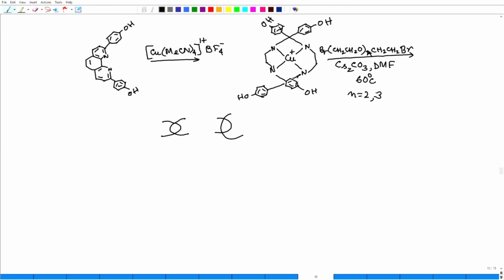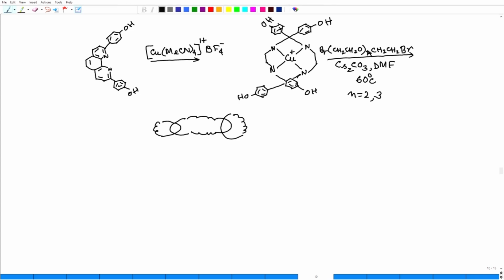So, we give 2 and 3, that means CH2CH2O 2 and CH2CH2O 3 units like that. That means 2 different units. If I do like that, then what happens? With 3 it can bind here and it can bind here also.